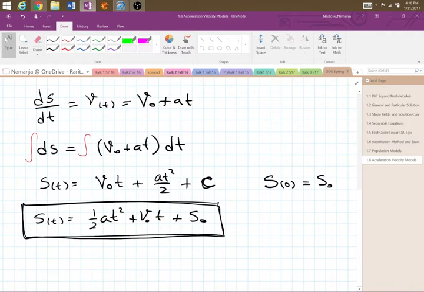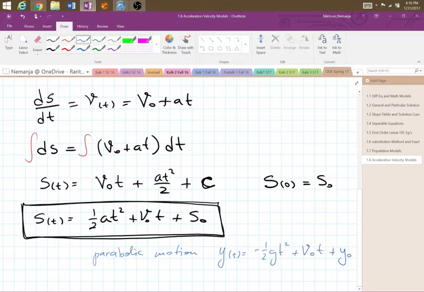So for parabolic motion, we will write, actually use y now, y of t for the height is negative 1/2 gt squared plus v0t plus y0, where y is the height, v0 is the initial velocity, and lowercase g is the acceleration of gravity, a constant, 9.81 meters per second squared, or 32.2 feet per second per second.